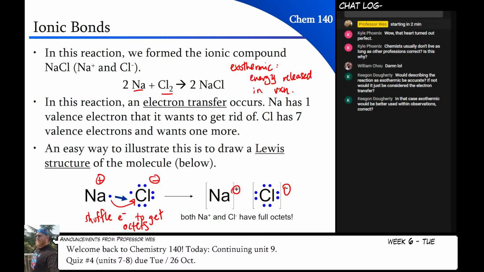Should you use exothermic with observations? You can. We're not actually focusing on the energy aspect of this. Something that is exothermic is a helpful observation to make in terms of data. So you may want to do this quantitatively, or we'll do that in 162 when we talk about thermodynamics.